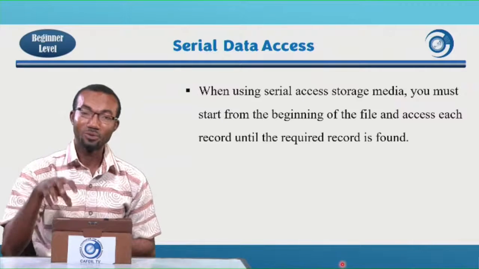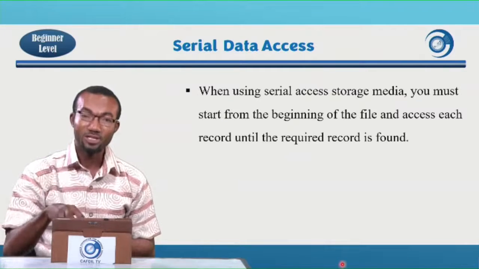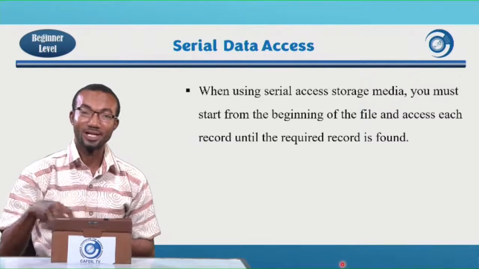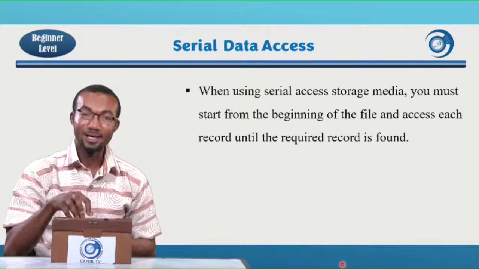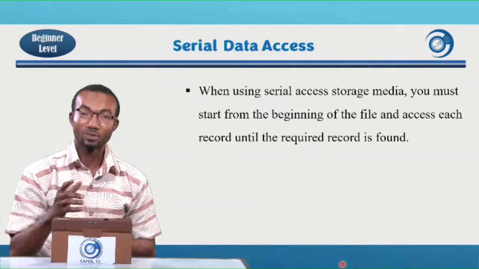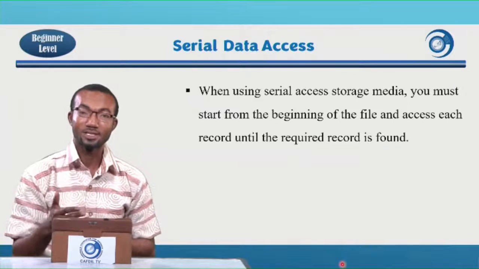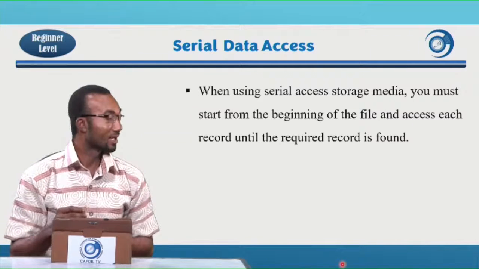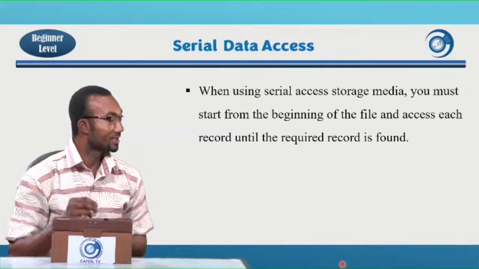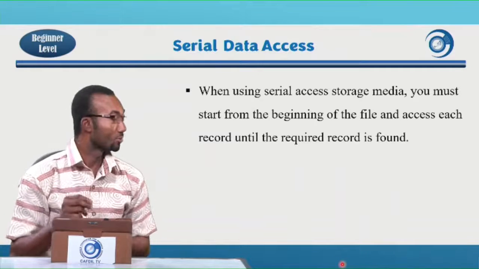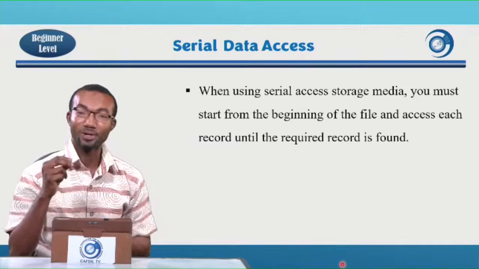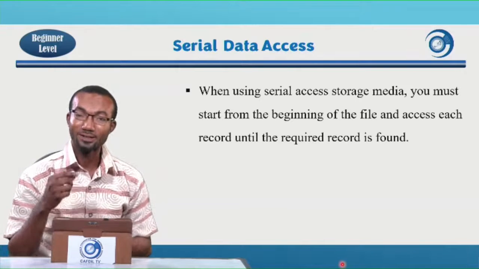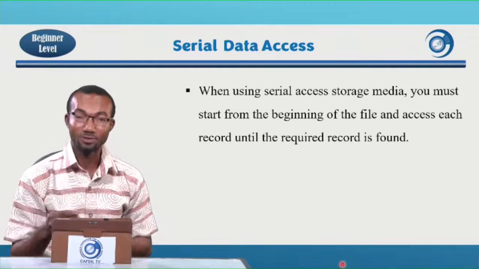Now, I want to access the information I have on the media. And one way we can access the data on the media is what we call the sequential or serial data access. And this means that when using this type of access, you must start from the beginning of the file and access each record until the required record is found.